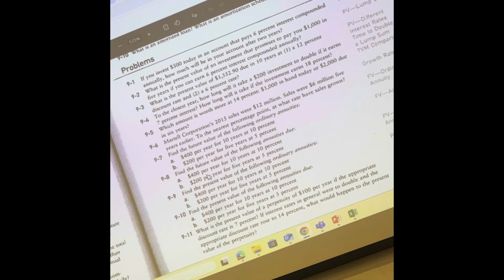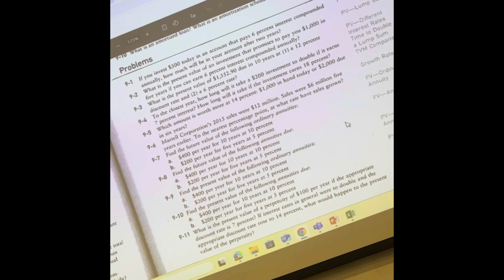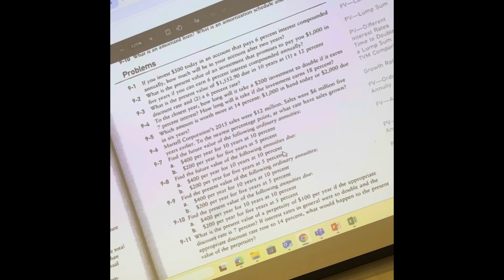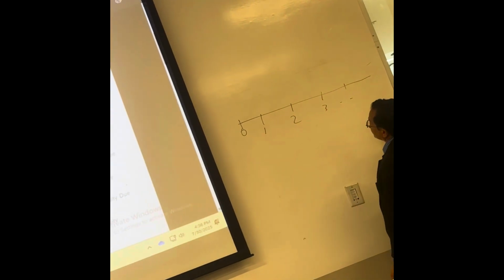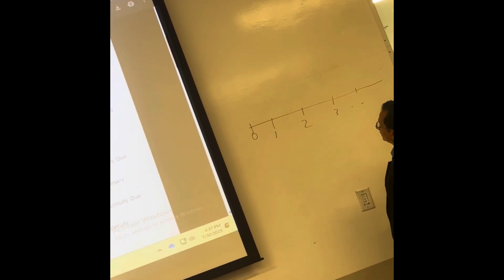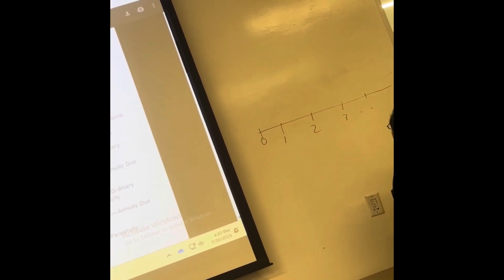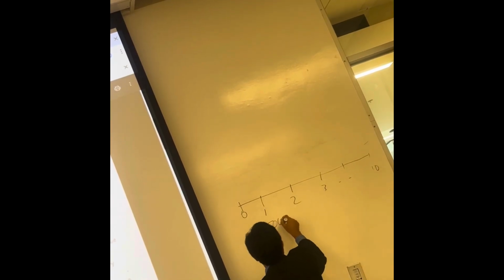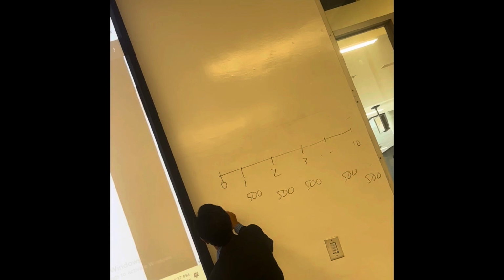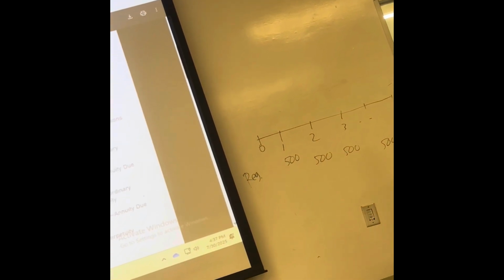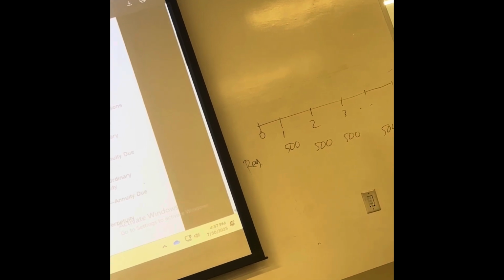Because 98 is the same question, $400 per year for 10 years at 10%, but this is annuity due. So one is ordinary annuity, one is annuity due. Now I showed you the difference between annuity due and ordinary annuity. Let me show it to you again. Amount, say $500 here, $500 here. And then when you find the future value, what do you do?